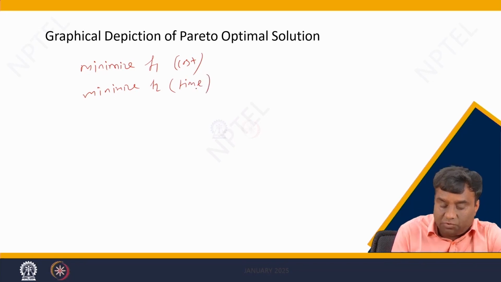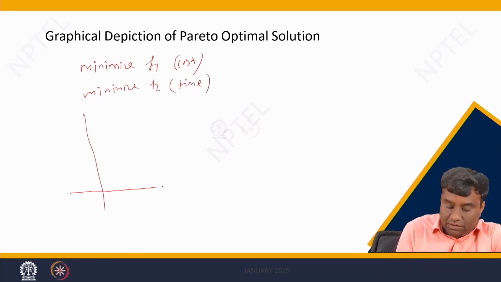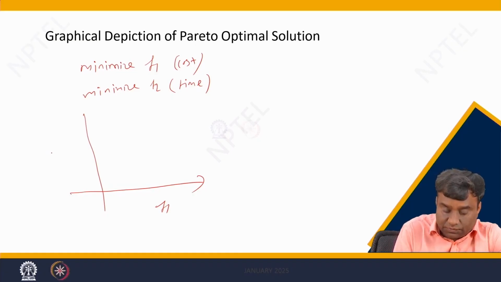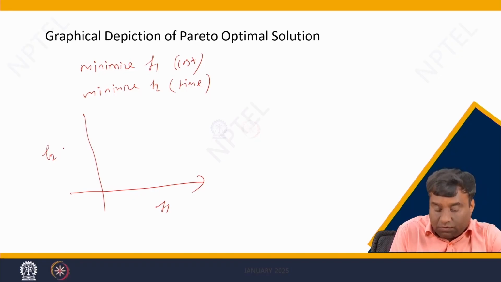So both are minimization problems. This is F1, and this is F2. So minimum cost and the travel time. This is travel time.